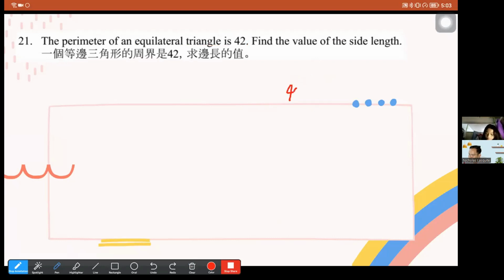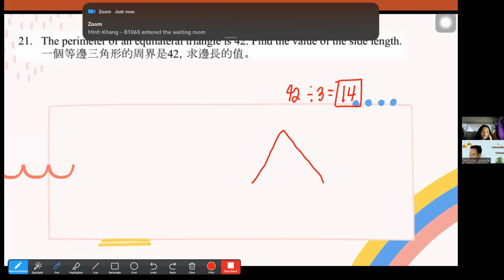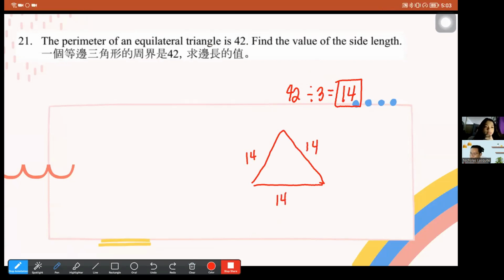So this 42, you just simply divide by 3, right? So the answer that we have is 14. If you draw this one, this one's 14, this one's 14, and this one is 14. Then we satisfy the given that it is an equilateral triangle, right?